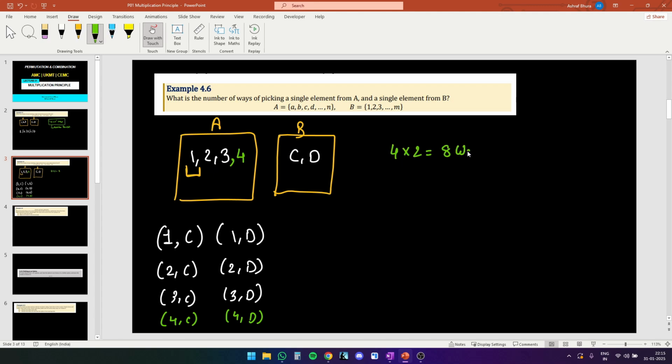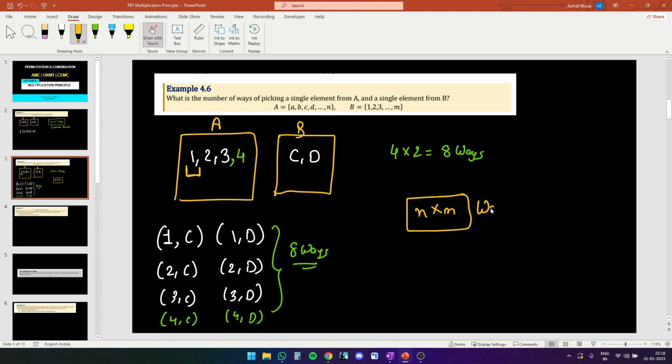So there will be 8 ways, and these are the 8 which we have written. So in general, when we have n number of elements in the A and m number of elements in the B, what will be our answer? N times m number of ways. And this is called as multiplication principle.